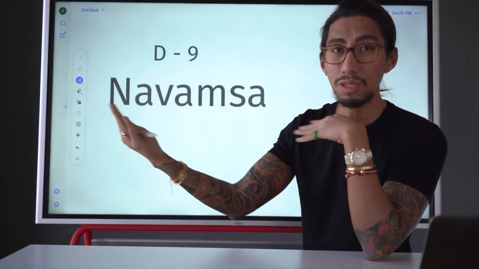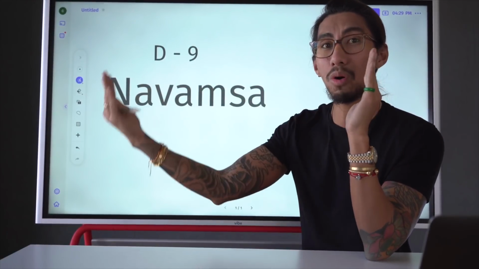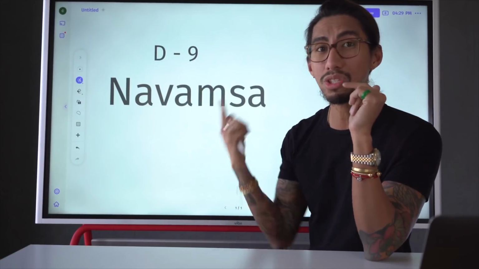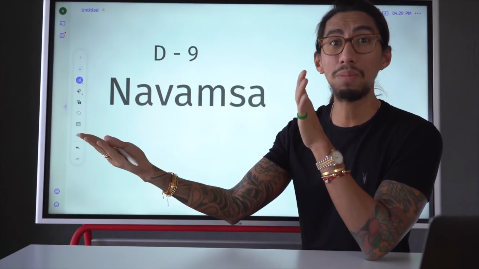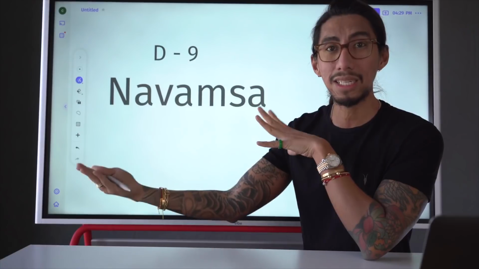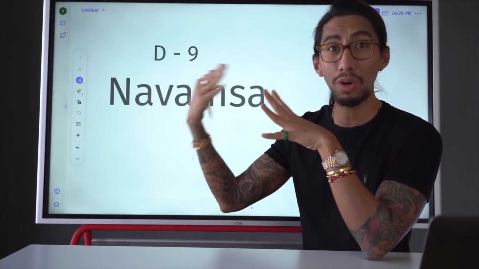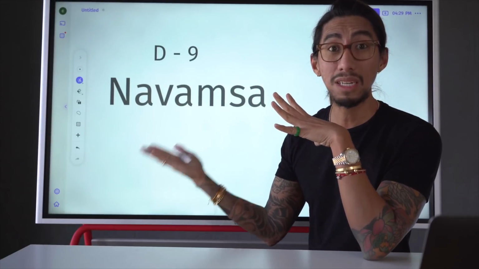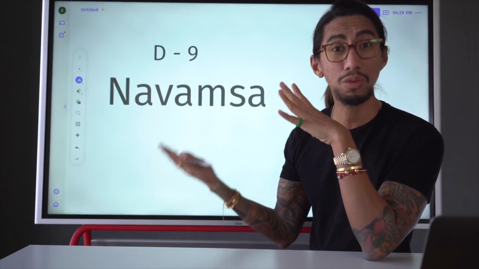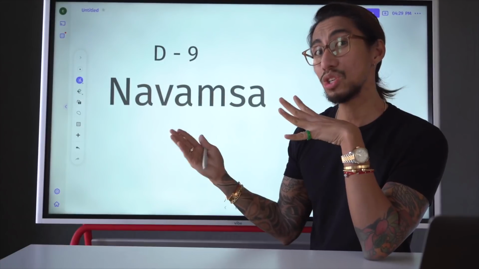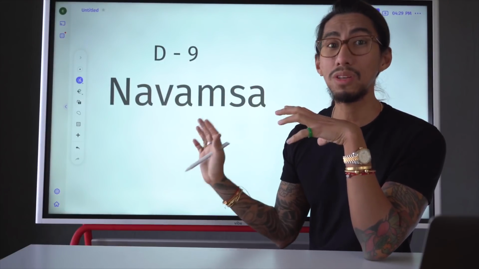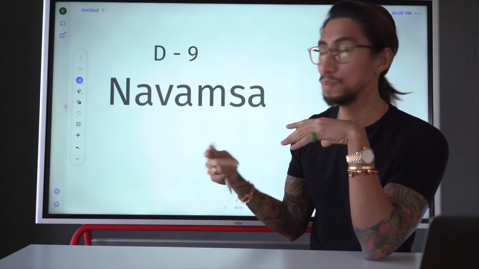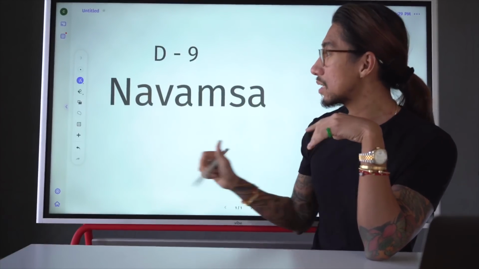Because Venus rules this chart. We're here basically destined to create progeny, to create love. That's why this chart is very significant. It's a very well used chart, D9. You will hear about it every time, so this is going to be very important.